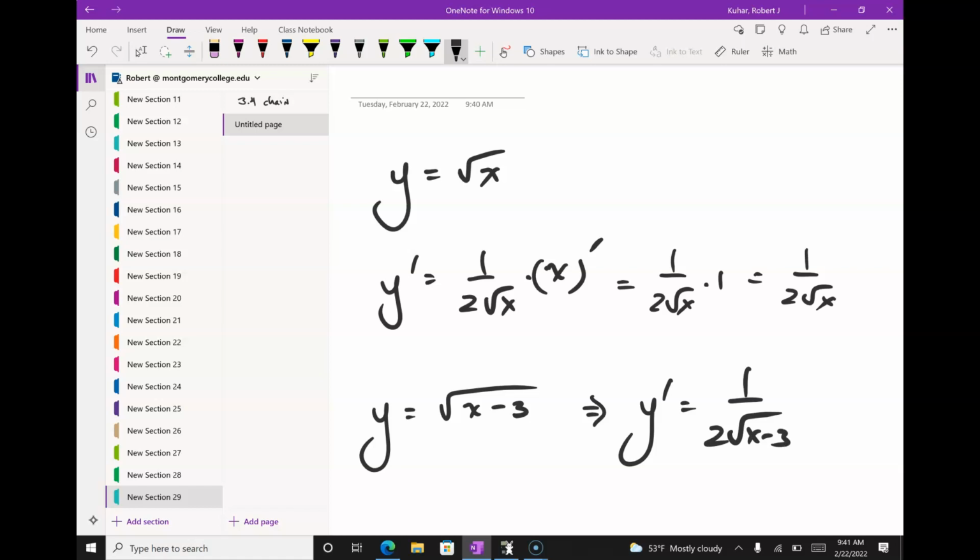Keep the cat in the box, right? Times x minus 3 prime. But what is the derivative of x minus 3? 1. So you see, if I do some kind of horizontal shift, my function doesn't change, right? The interior stays the same for the derivative, right? Whatever I started with, I end with, right?